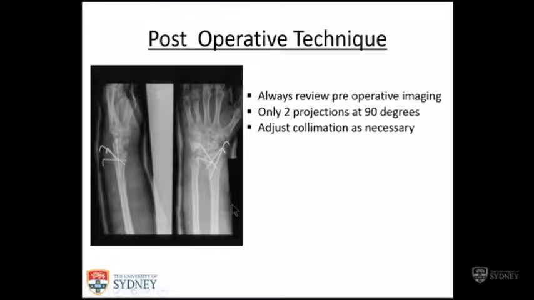Now notice something here. I've got a pretty good PA and lateral. So how have I done that when I can't see the patient's arm? And of course I can't, because the patient's in plaster of Paris. The reason why I've got such good images is because I've used the fingertips. I can see the fingertips.